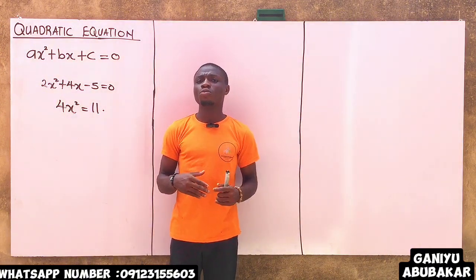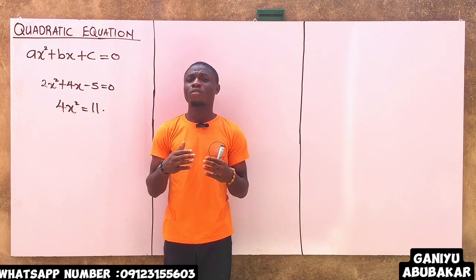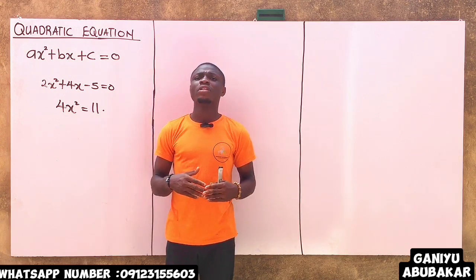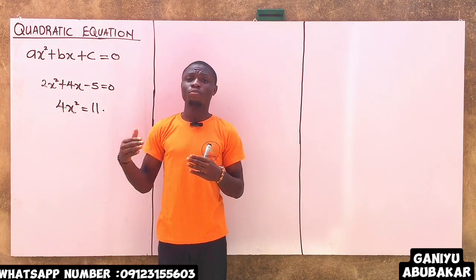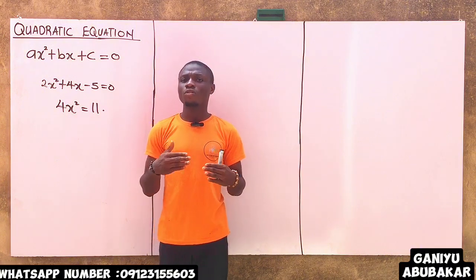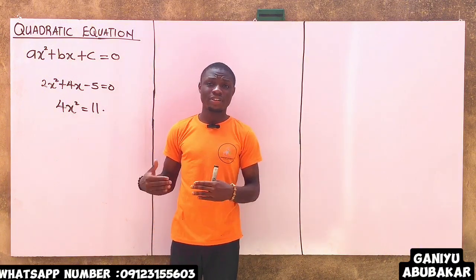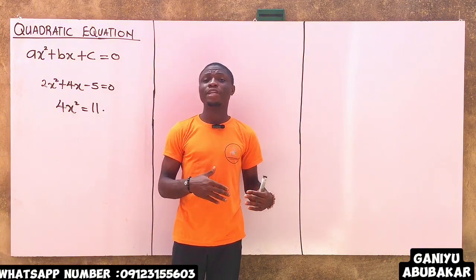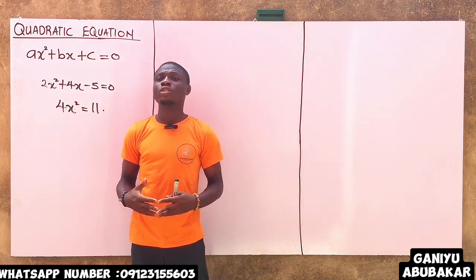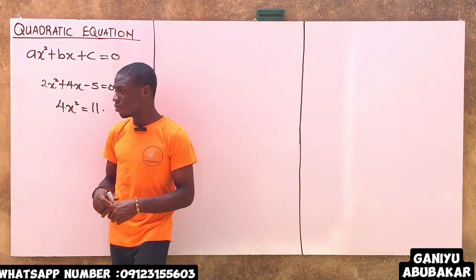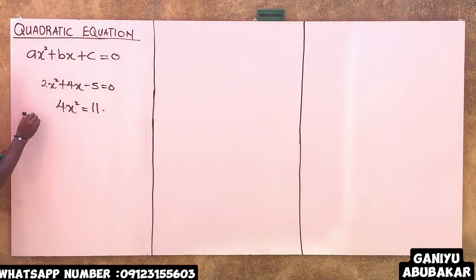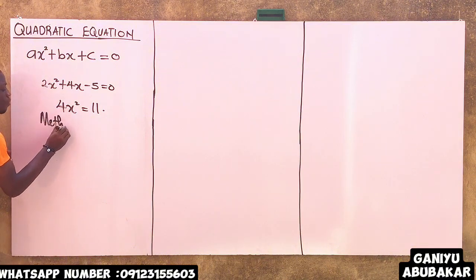When it comes to solving problems under quadratic equation, there are some methods which we're going to be discussing right now. So let's discuss the methods of solving problems under quadratic equation. What are the methods?